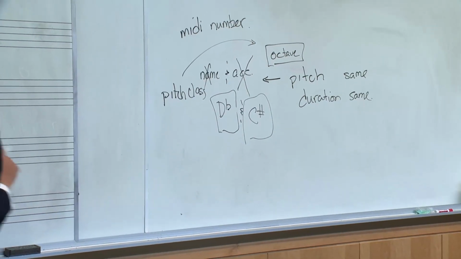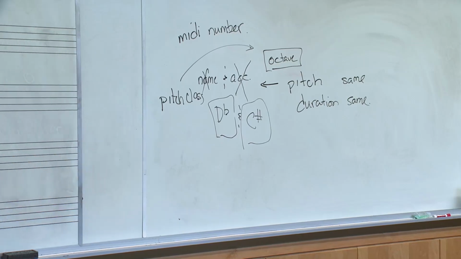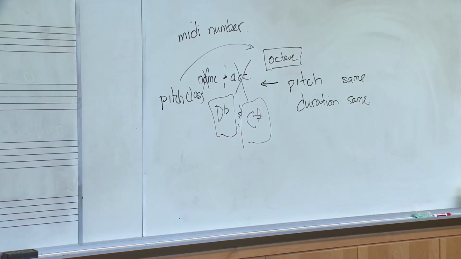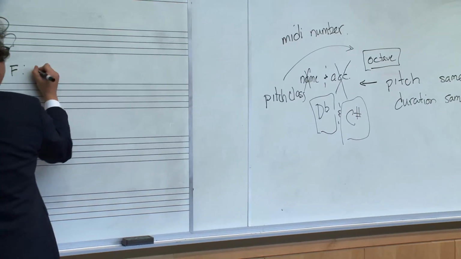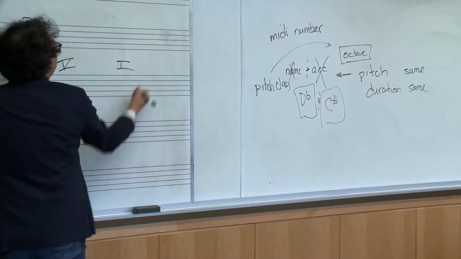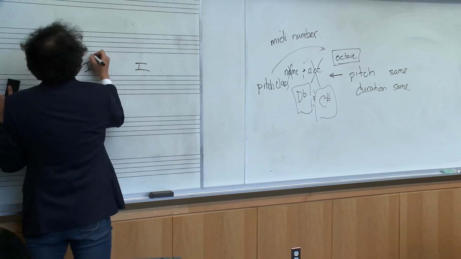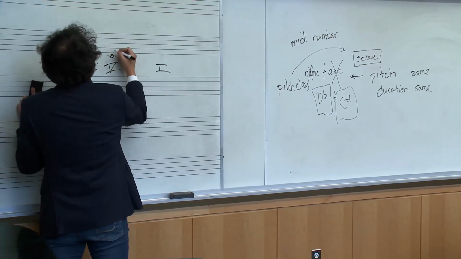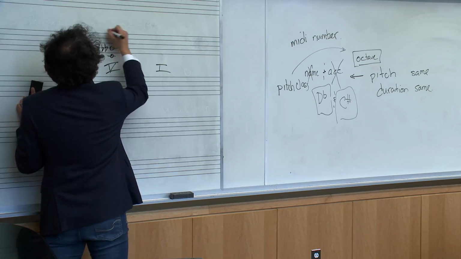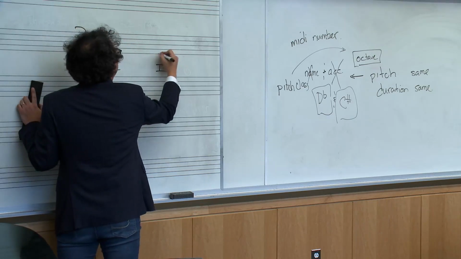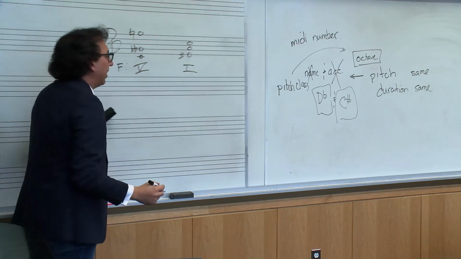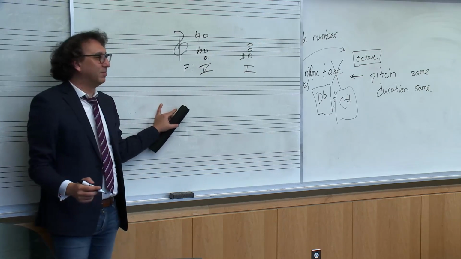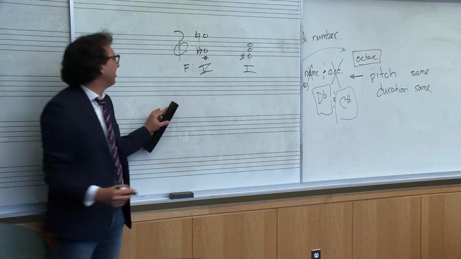So when you turn in your homework for your tonal harmony class and it says F major 5 to 1, write this, and you put in this, and you get it marked wrong by your teacher, that wasn't 5 to 1.